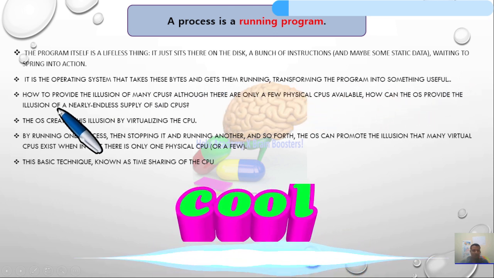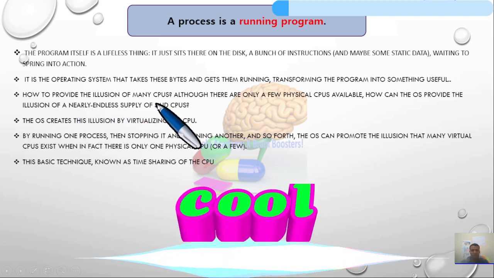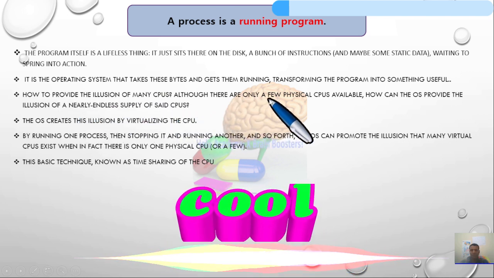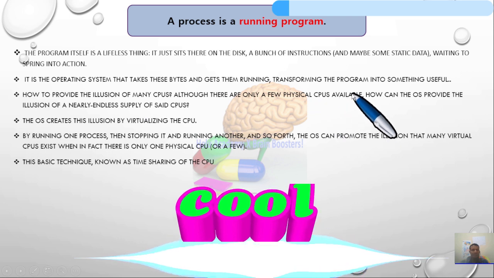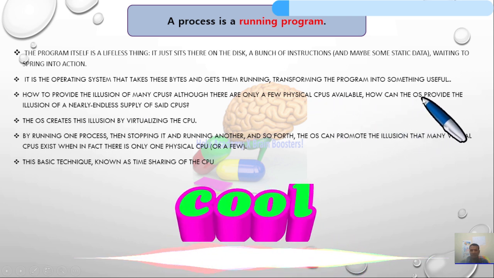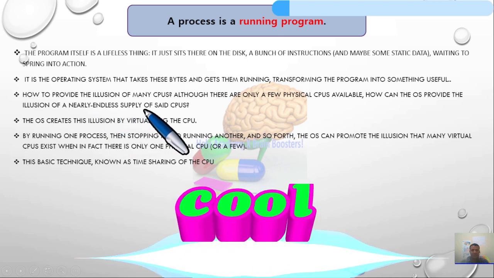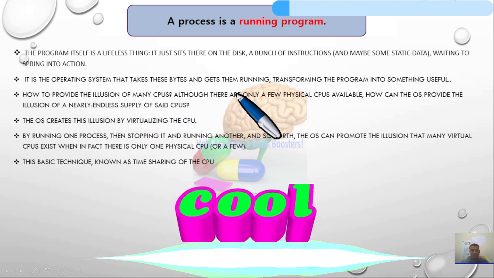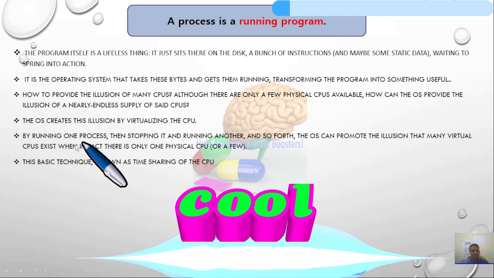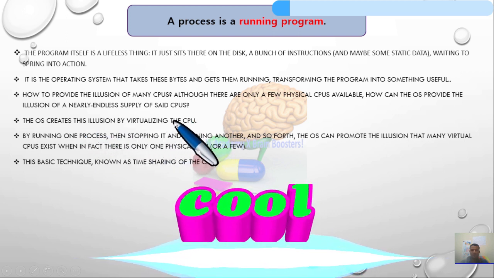It is the operating system that takes these bytes and gets them running, transforming the program into something useful. How do we provide the illusion of many CPUs, although there are only a few physical CPUs available? How can the operating system provide the illusion of a nearly endless supply of CPUs? These are very good questions. The operating system creates this illusion by virtualizing the CPU.